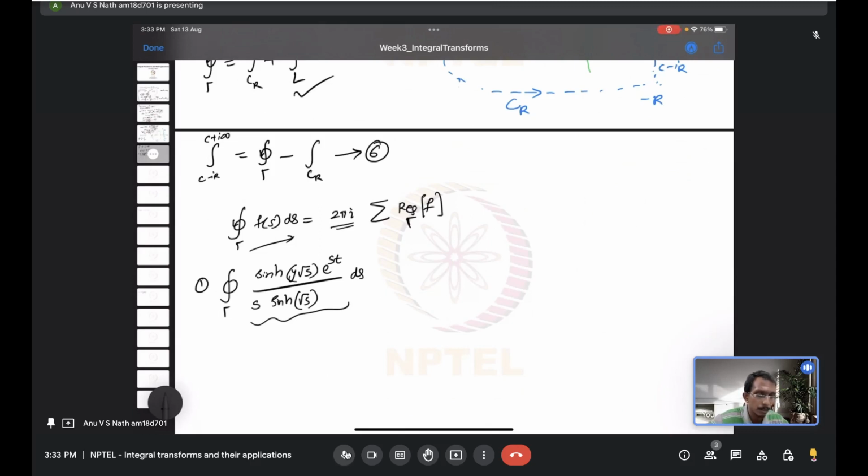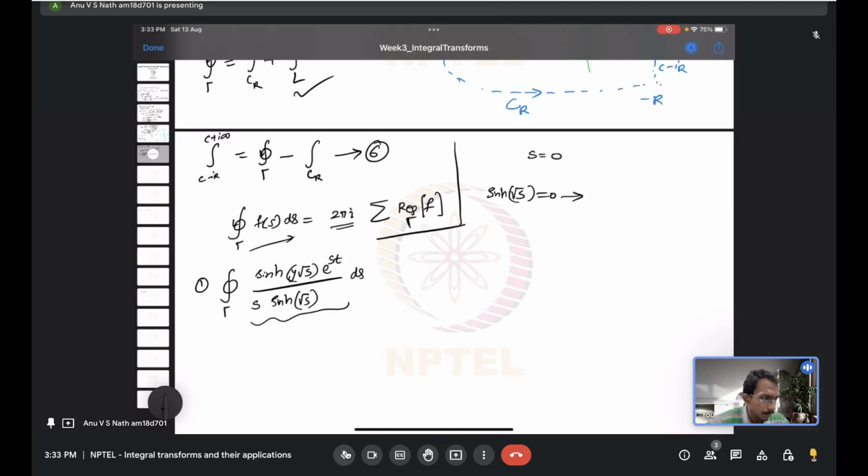If it is not actually a singular point or is a removable singularity, then the residue will vanish at that location. So s equal to 0 is a singular point for the function. And now what other singular points does it have? Again, another denominator is there, sinh of root s. So sinh root s equal to 0. The solutions s of this equation are also expected to be singular points of the function.